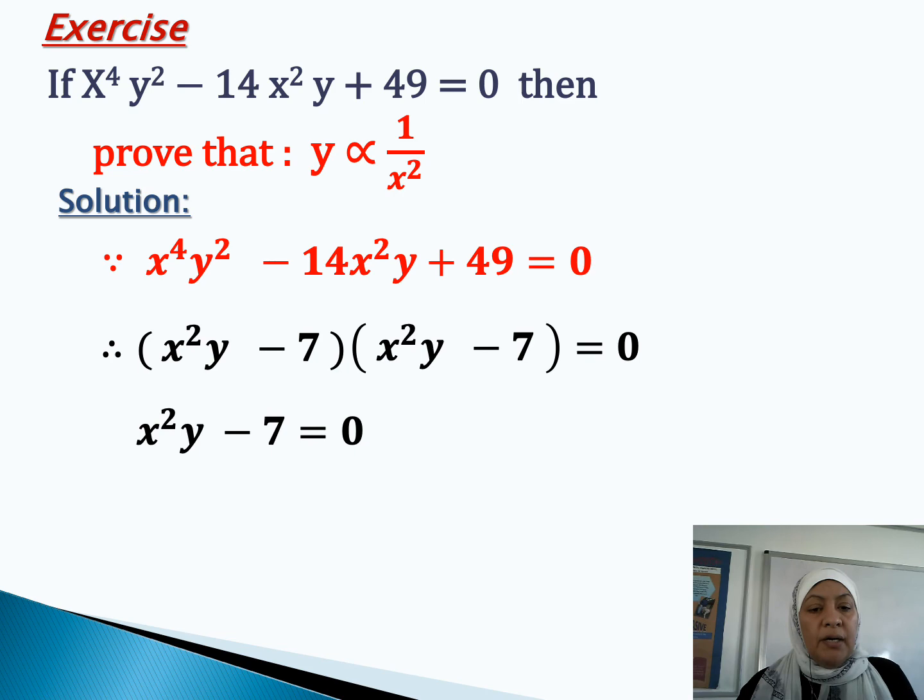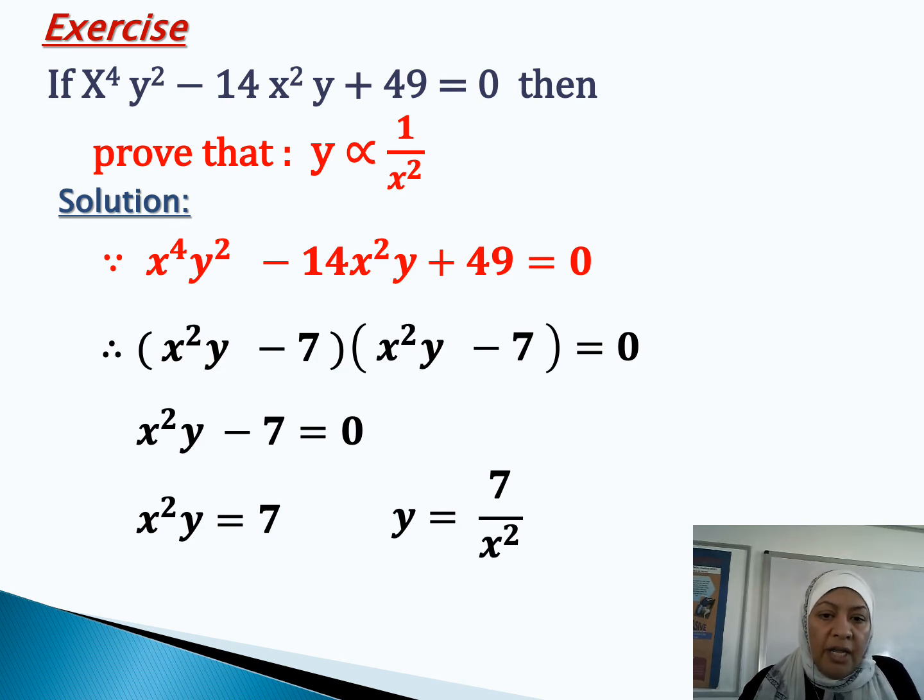Then x squared y minus 7 equals 0. x squared y equals 7. So y equals, you move x squared to the other side by dividing. Then y equals 7 over x squared. This is my relation.